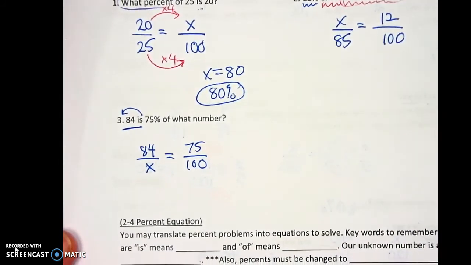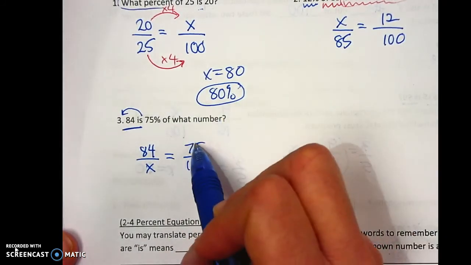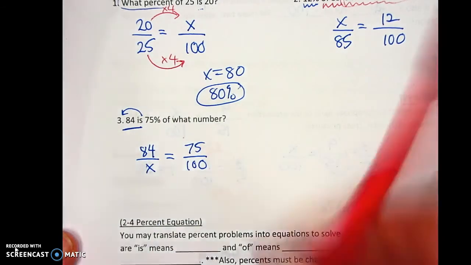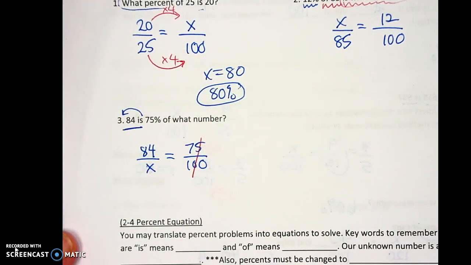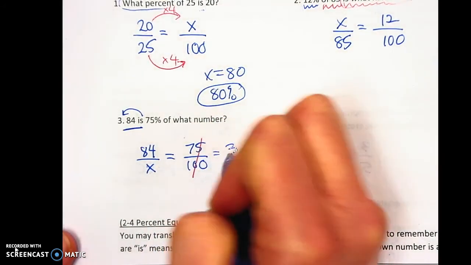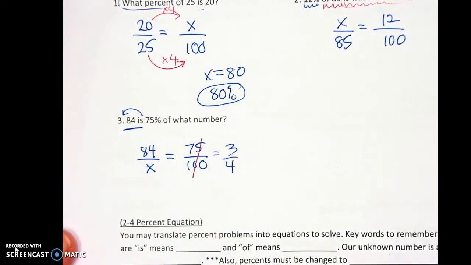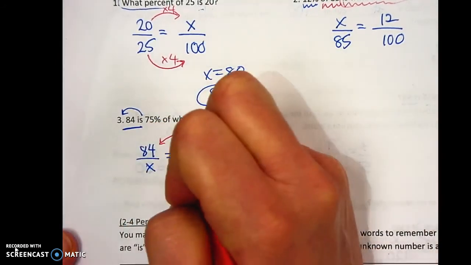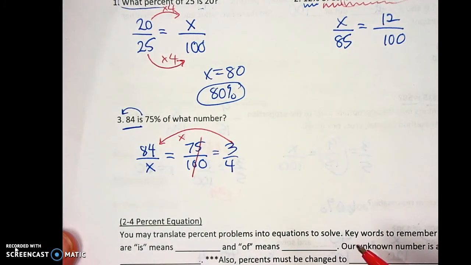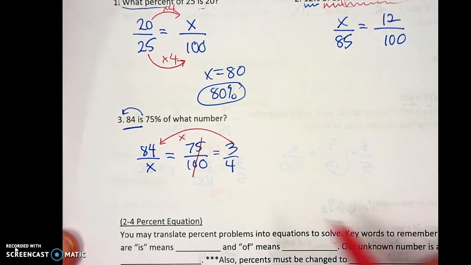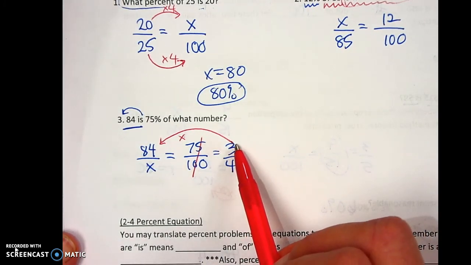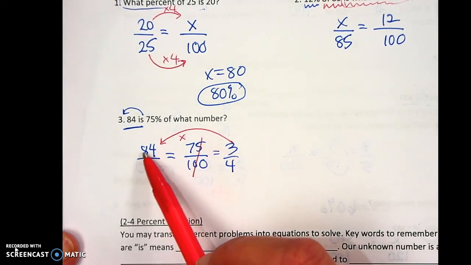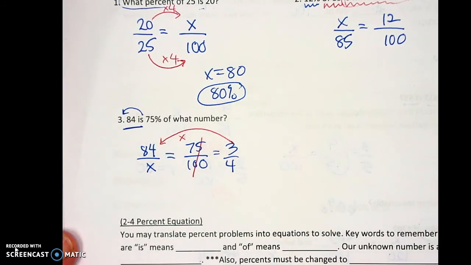Number 3. I know that I can't get from 75 to 84 by multiplying by any whole number, but I can reduce this. They're both divisible by 25. This is equal to 3/4. Can I get from 3 to 84 by multiplying? Remember that rule, seeing if a number is divisible by 3, I could add 8 plus 4 and get 12.